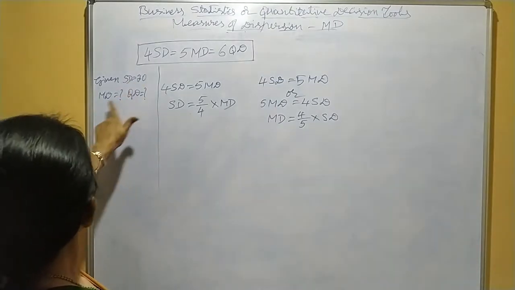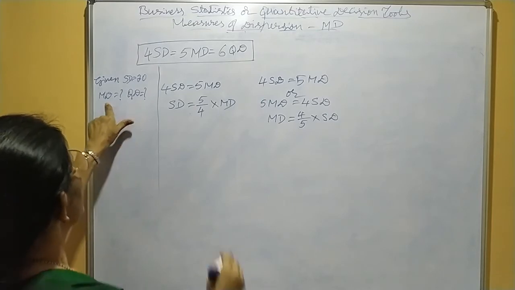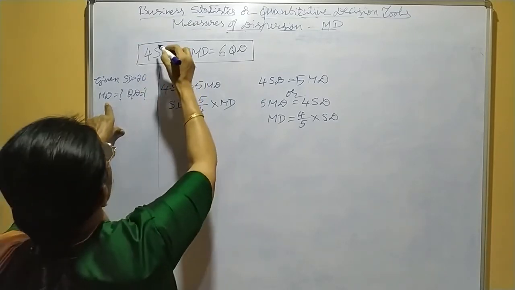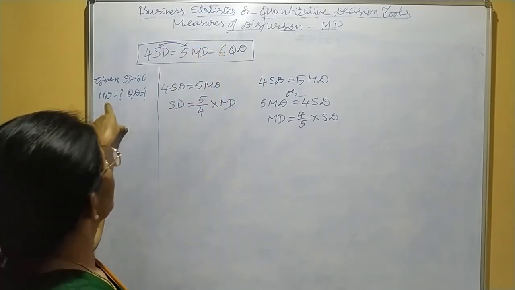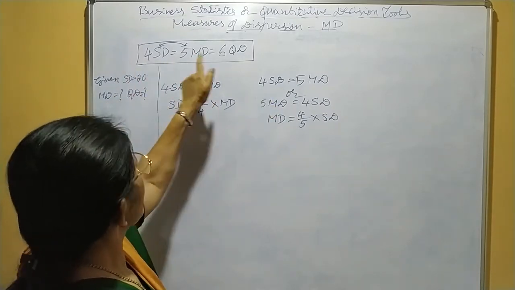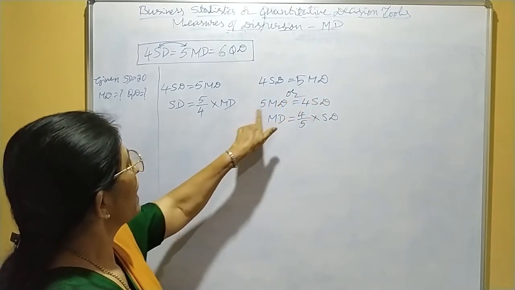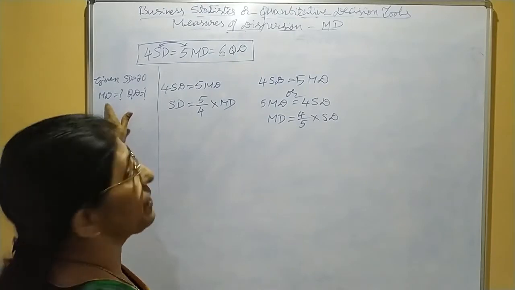First let us calculate mean deviation. To calculate mean deviation, given information is standard deviation. You have to take the relation between standard deviation and mean deviation. Now, what is the relation? 4sd equals 5md or 5md equals 4sd, because here we have to calculate mean deviation.